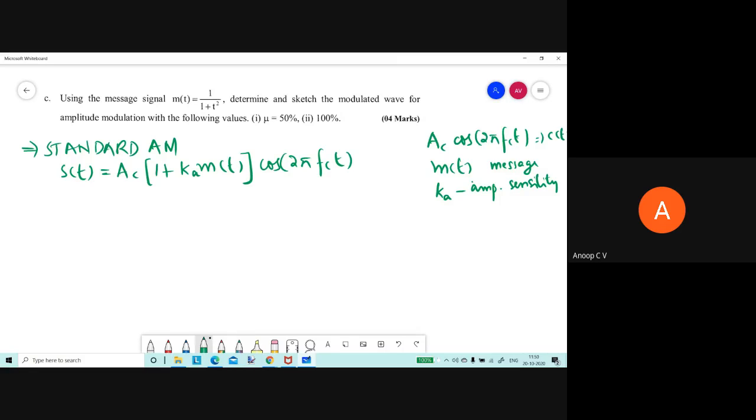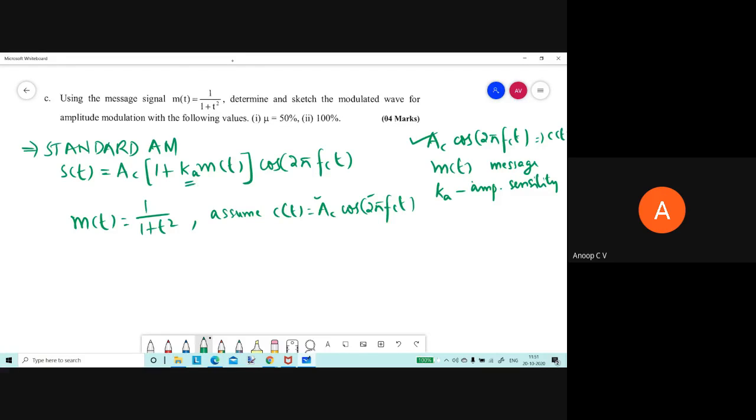Now let us see what is given in this question. One thing given is m of t is equal to 1 by 1 plus t square. We can assume c of t to be Ac cos 2 pi fct. So Ac and cos 2 pi fct we have, m of t is there.